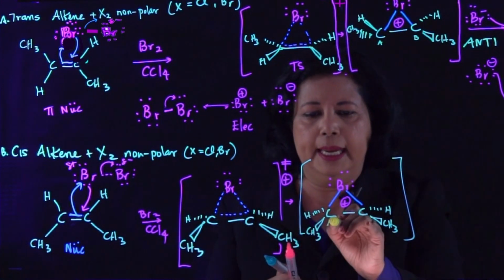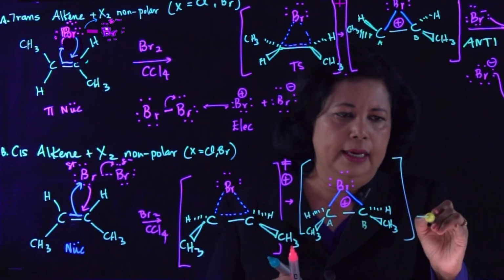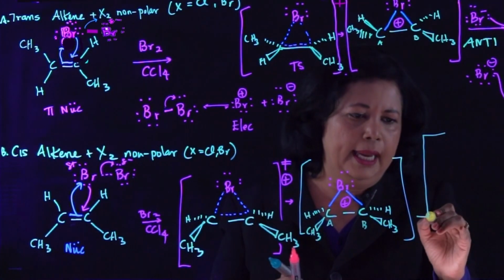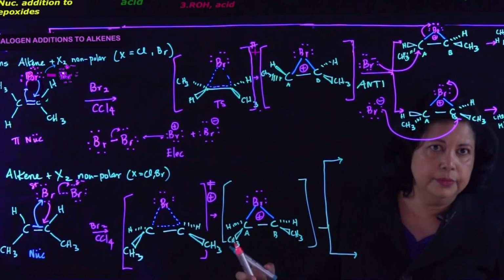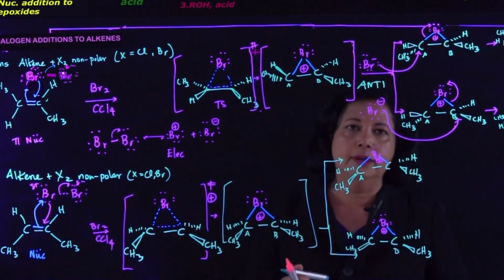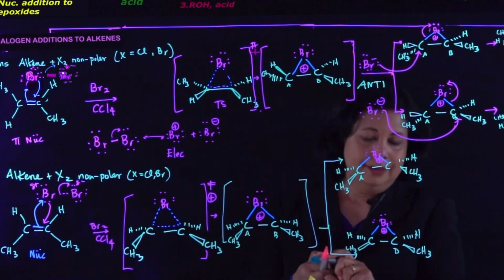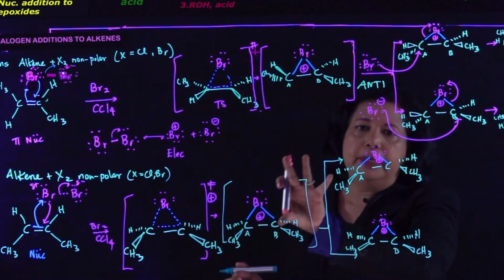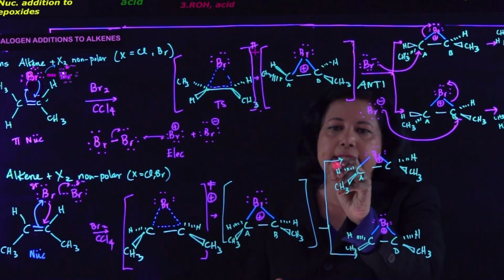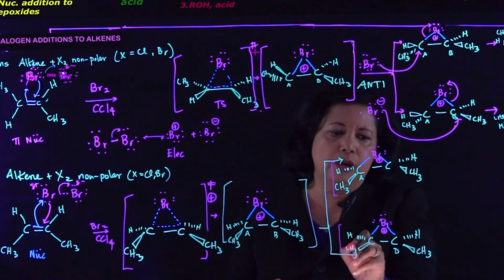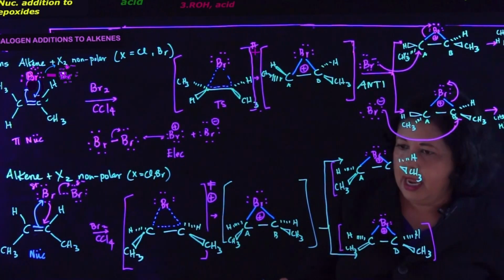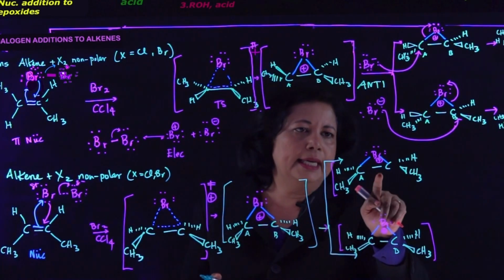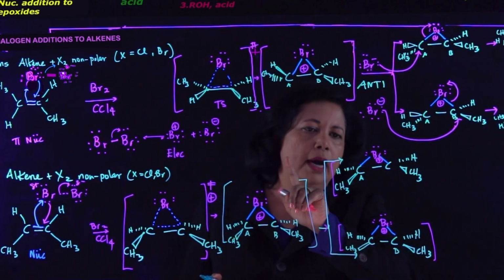Let's label them A and B. And I am going to redraw A and B here, and we'll do the attack from the bottom. All right. So I have drawn the intermediate here, exact same intermediate, no changes at all. I've just copied these over. And I'm going to now attack that, open it up with a Br minus.